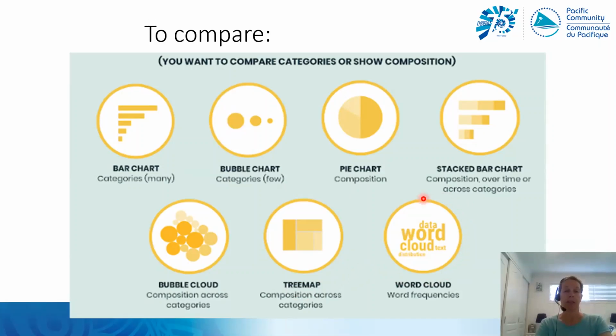And as you saw in our opening poll, we used a word cloud. Depending on the frequency or the number of people saying that word, it takes on a bigger size in the graph.